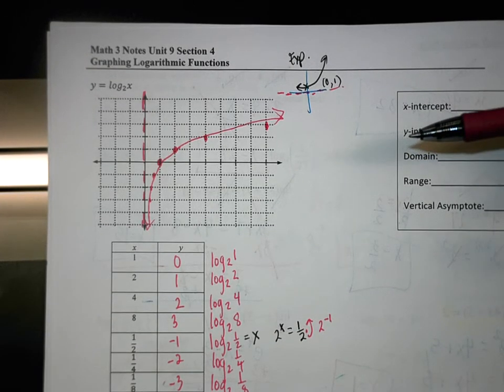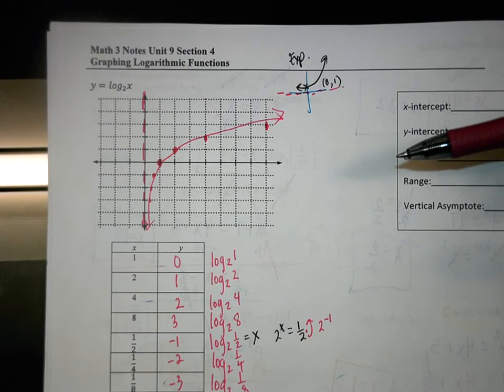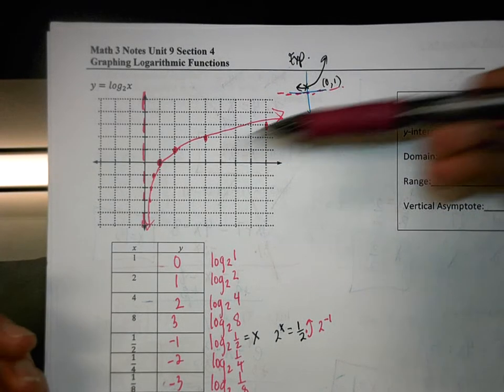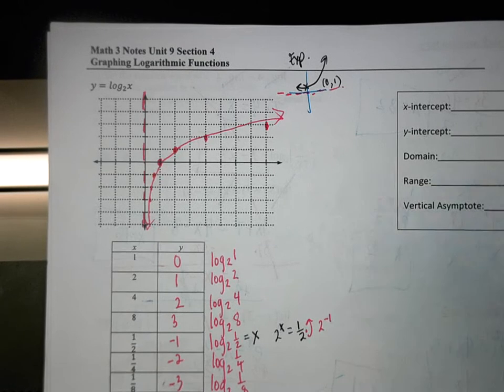What's a similarity, Katie? They have the same shape. They have the same shape. Well done. What other similarities? They both have asymptotes. Good. So they both get close to a line of 0. Just one happens to be x equals 0, and one happens to be y equals 0.